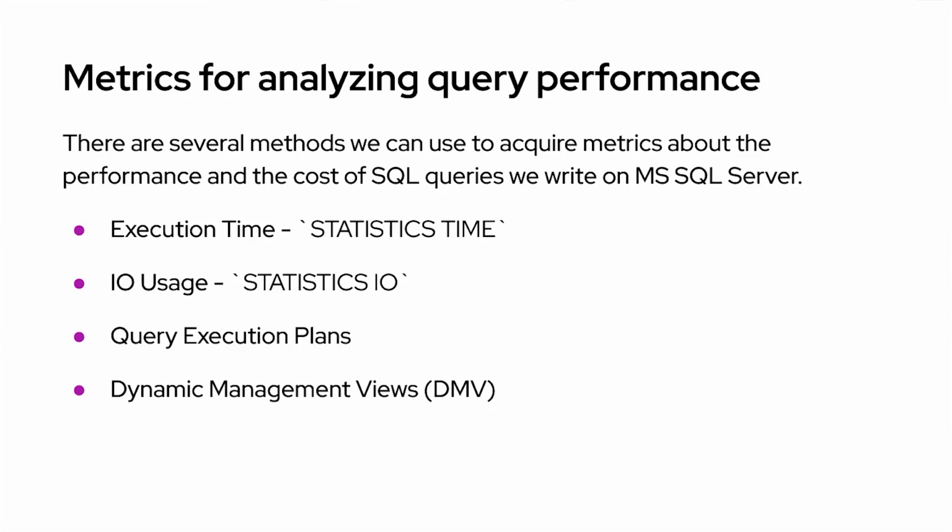The first one is the execution time, using the statistics time metric. Next, we can get the input-output usage of our queries using the statistics IO metric. And we also have some interesting features like query execution plans and dynamic management views provided by SQL Server, so we can analyze the performance of our queries.